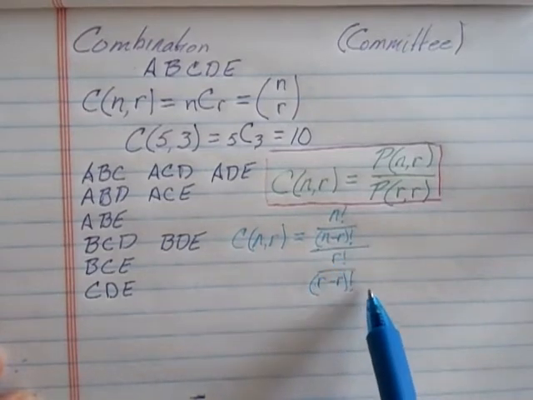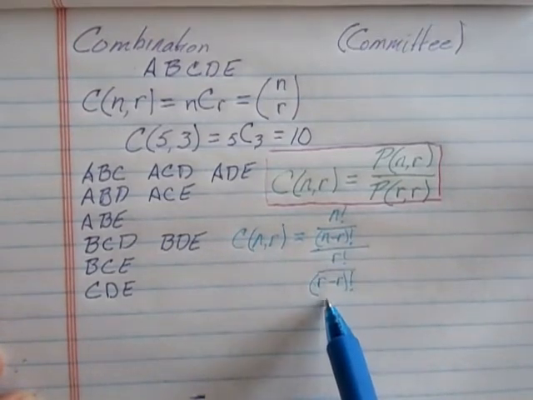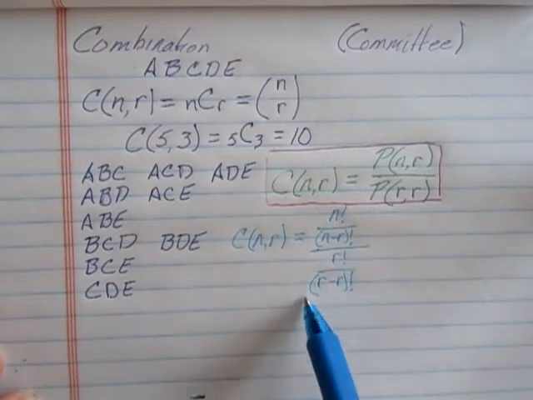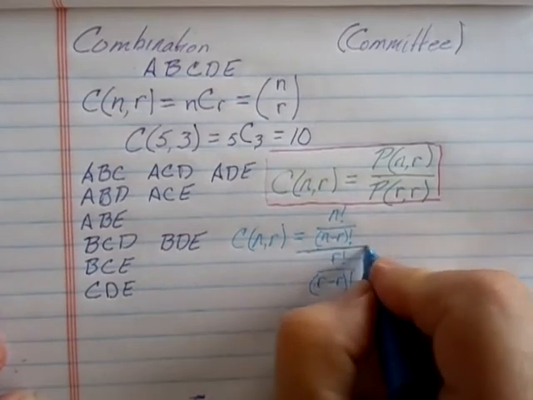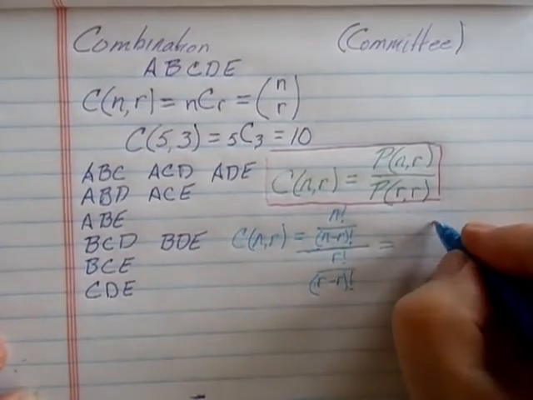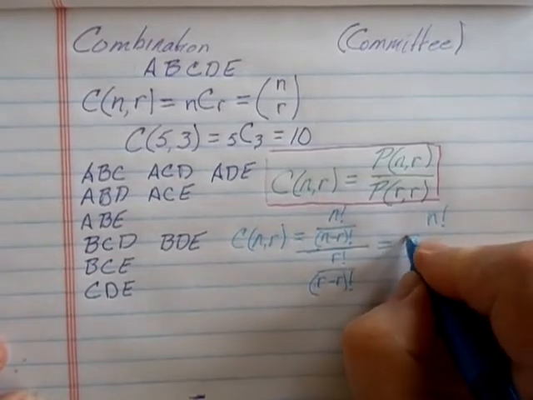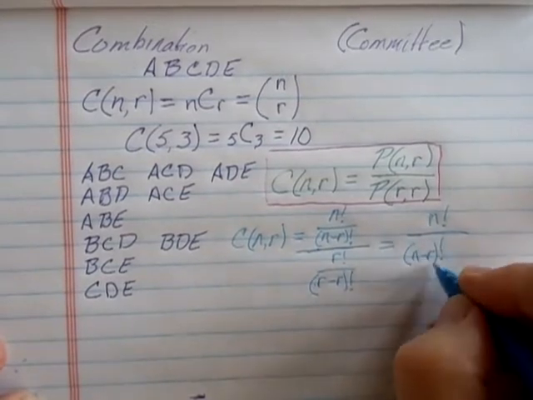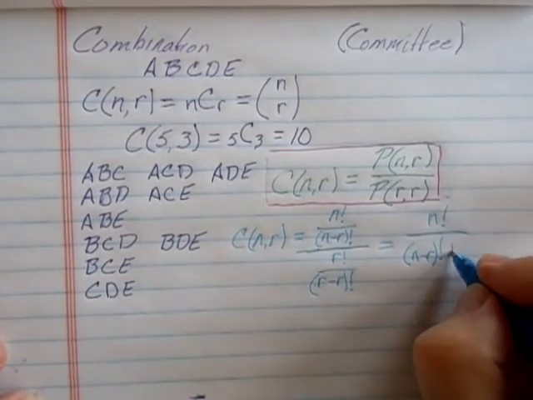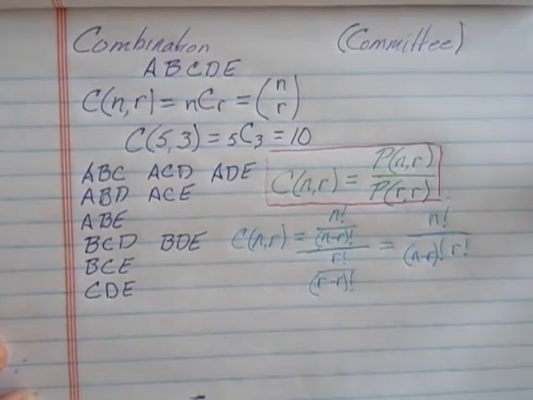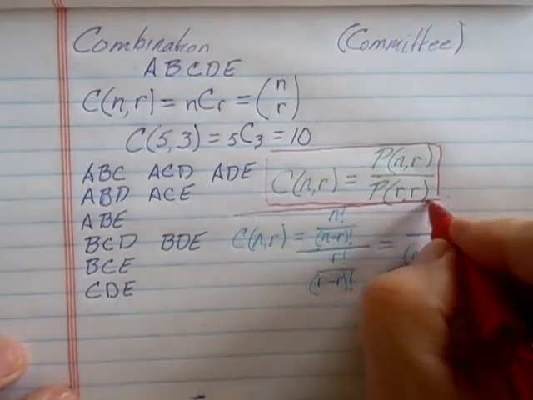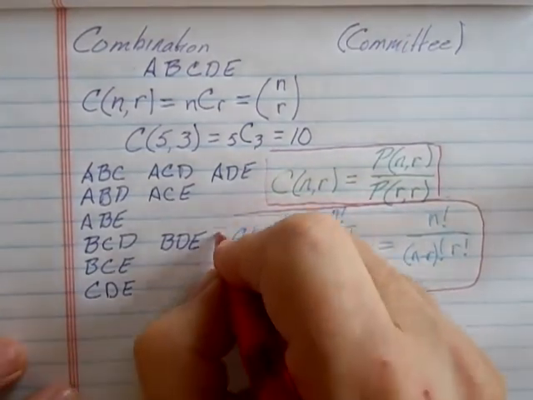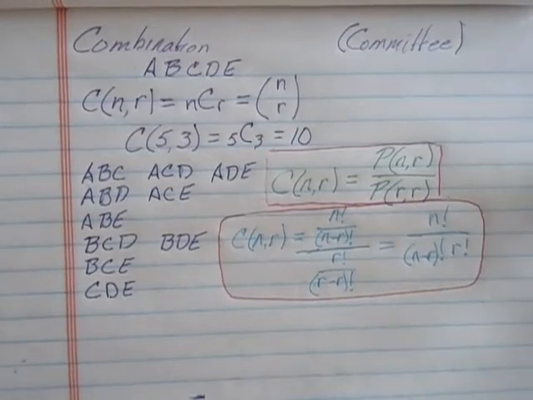So this part on the bottom is just r factorial divided by 1, or in other words, r factorial. So a little bit of algebra cleanup here. This becomes n factorial over n minus r factorial. There's the permutation, and then we're going to divide that by r factorial so that we take out the repeats that were being done there. Okay, that formula is the more usual one that you'll find when you're looking it up somewhere.